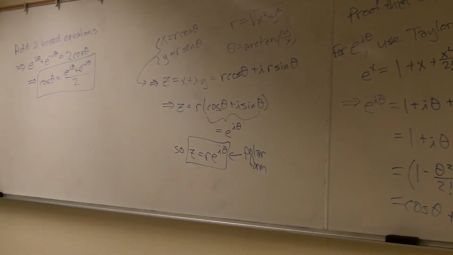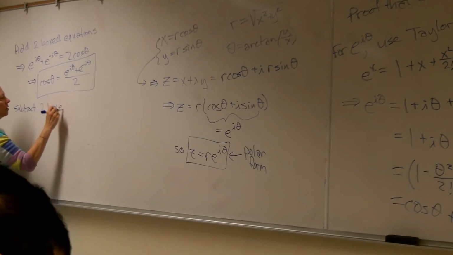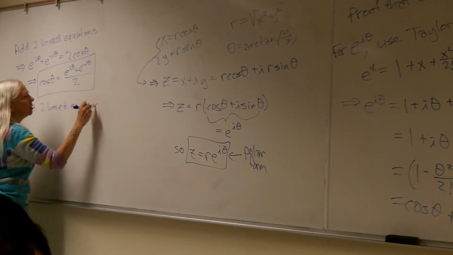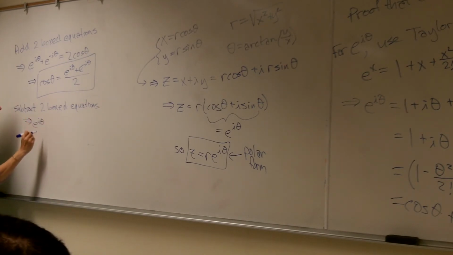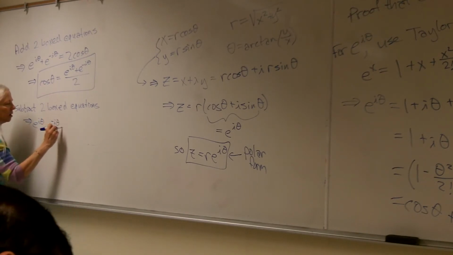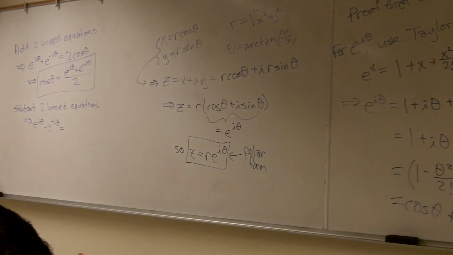But before I do that, let me also point out that we could similarly subtract those two boxed equations from over there. Okay, so on the left-hand side, we'll have e to the i theta minus e to the minus i theta. On the right-hand side, when we subtract this equation minus this equation, the cosine thetas will now cancel.